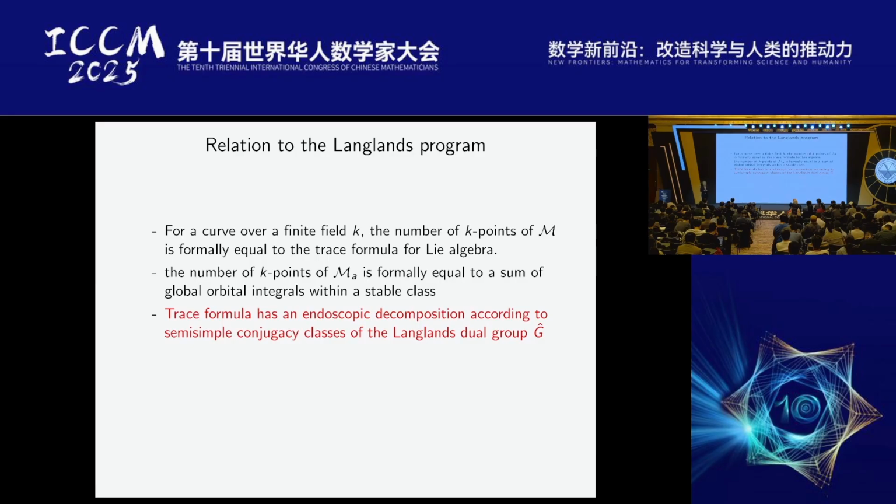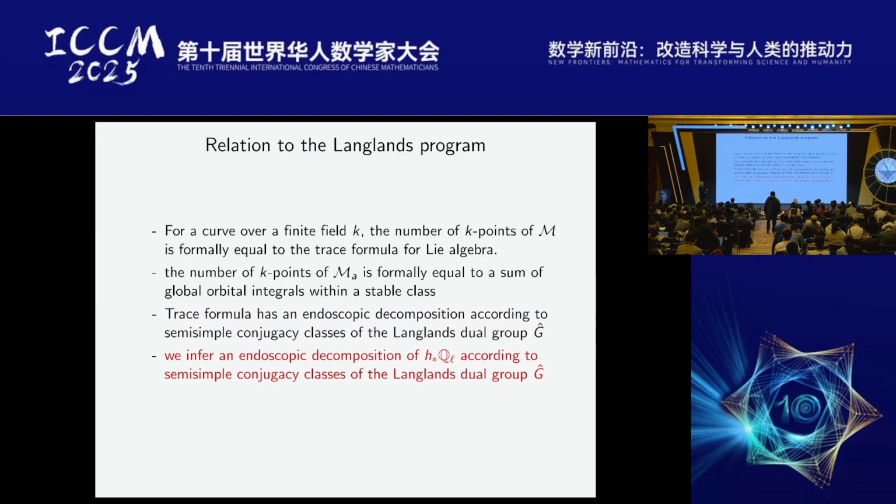In the upshot, I would say that the trace formula can be decomposed as a sum, and the sum will be indexed by conjugacy classes of semi-simple elements of dual groups, right? So the right question is how this kind of endoscopic structure appears on the geometric side of the Hitchin fibrations.